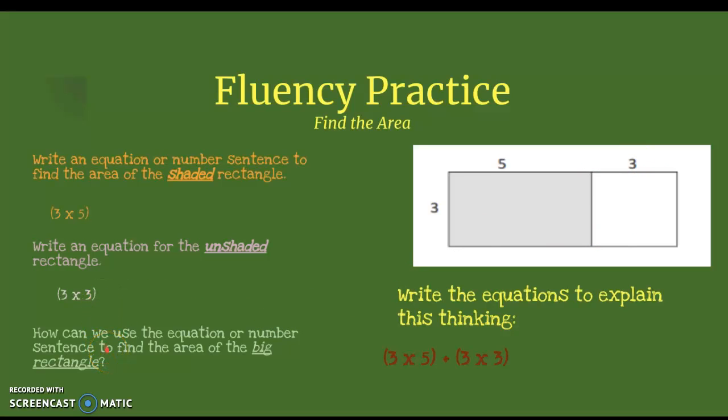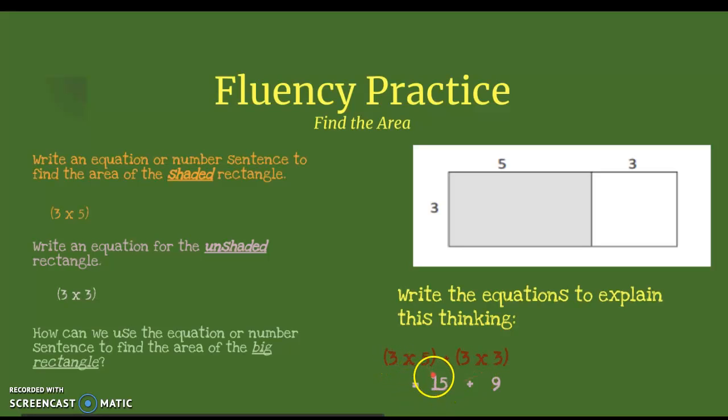So how can we use this equation or number sentence to find the area of the big rectangle? So the entire area of this area model right here, this rectangle. What we're going to do is take our two equations for our shaded and unshaded portion. So we have 3 times 5 plus 3 times 3.